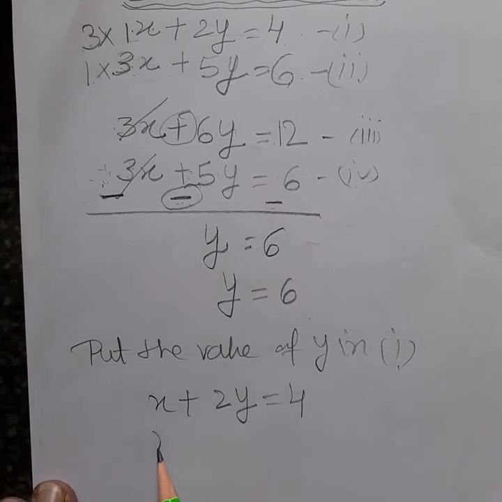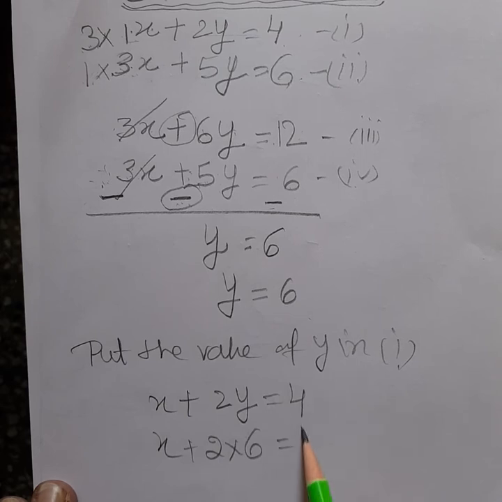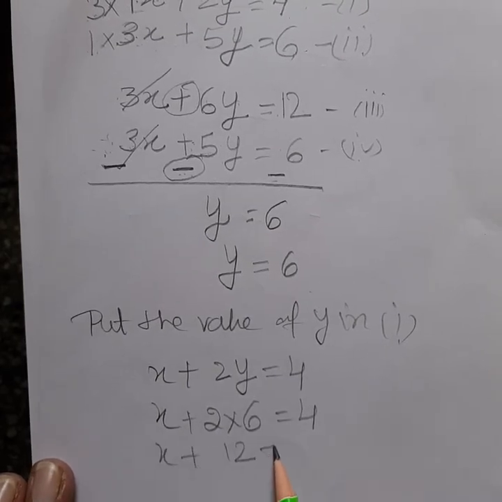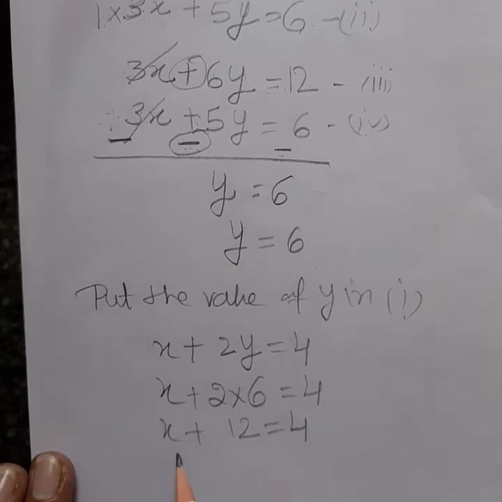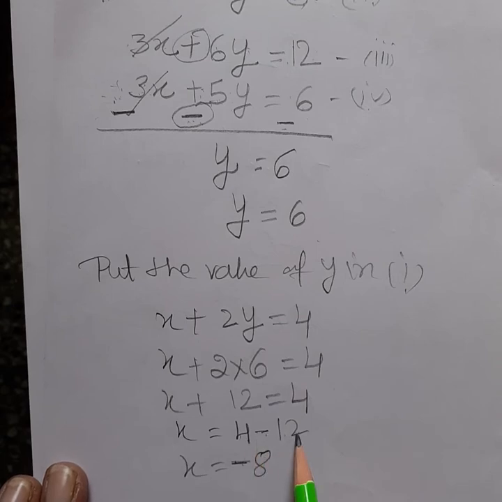If we put y is equal to 6 in the place of y, then we get x plus 12 is equal to 4, and we take 12 on the right hand side by changing its sign, and we get 4 minus 12, that is minus 8. Okay, here we write the sign of minus because 12 is the greater term between the two.